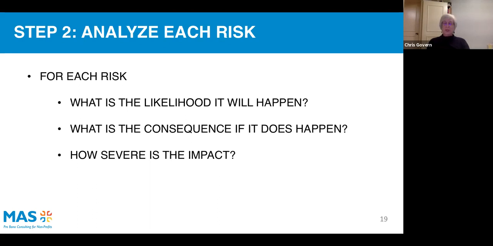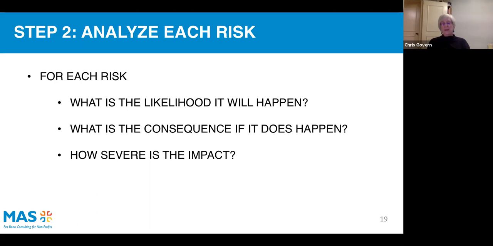The first question is, what's the likelihood that this will ever happen? That's an important thing to understand. Secondly, what's the consequence if it does happen? Do I understand the consequences if it happens? And then thirdly, if it happened and I had to put up with these consequences, how severe is that impact on the organization?